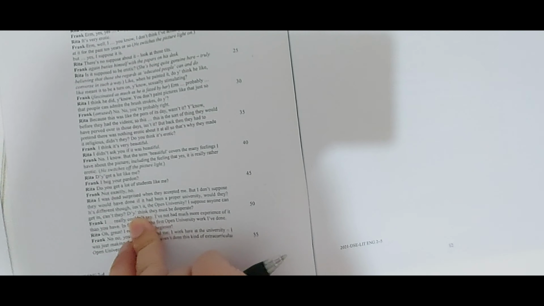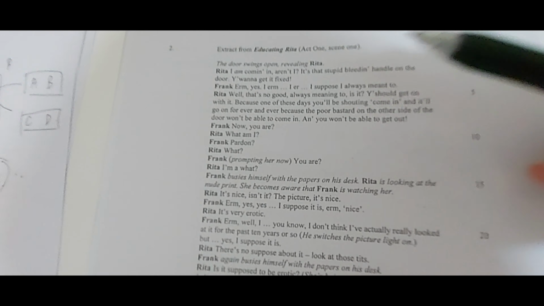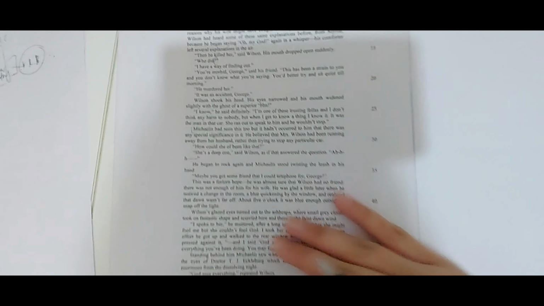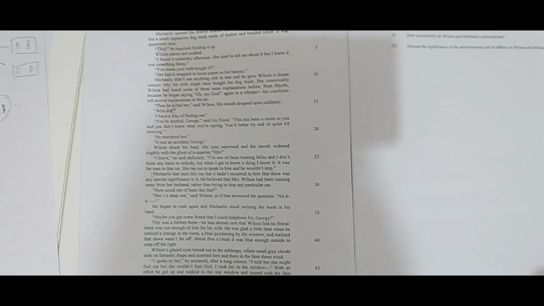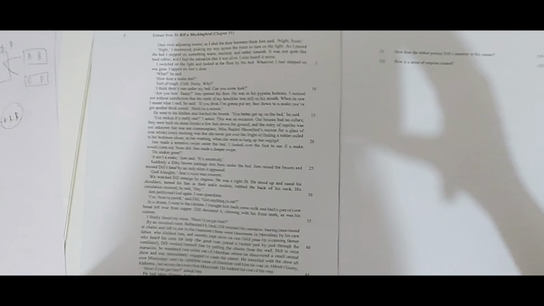So looking back into this, you can see that the first option is from The Taming of the Shrew, which is a play, I believe. And then Educating Rita is also a play. Then we have The Great Gatsby, which is a novel. And lastly, we have To Kill a Mockingbird, which is a novel.